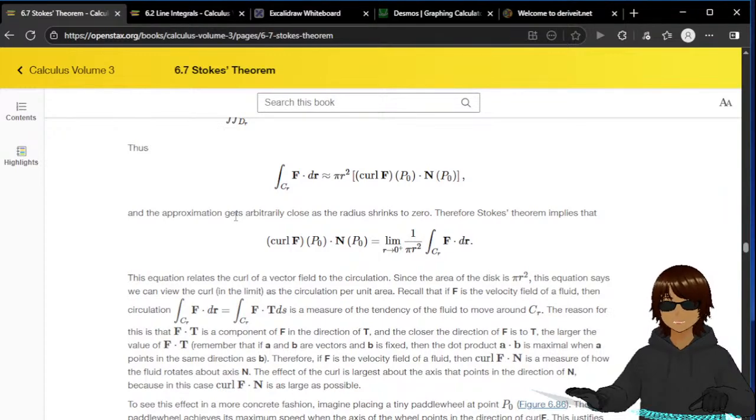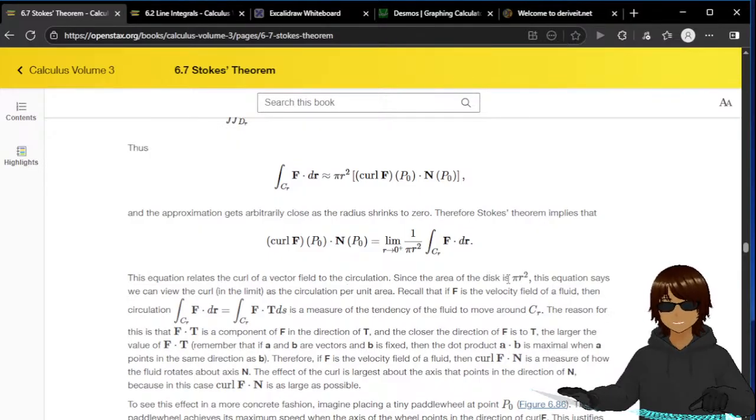Therefore, Stokes' theorem implies that curl F(P0) dot N(P0) is equal to the limit as r goes to 0 from the positive side of one over pi r squared times the integral of F dot dr. This equation relates the curl of a vector field to the circulation.